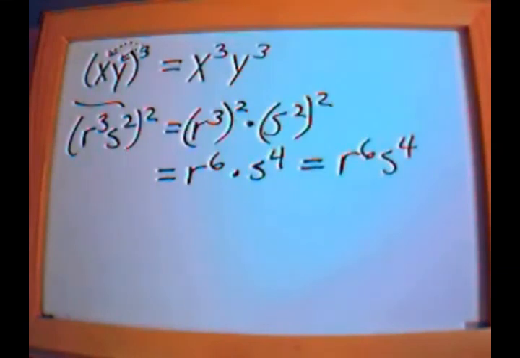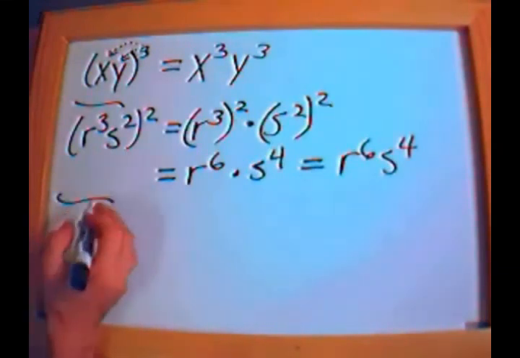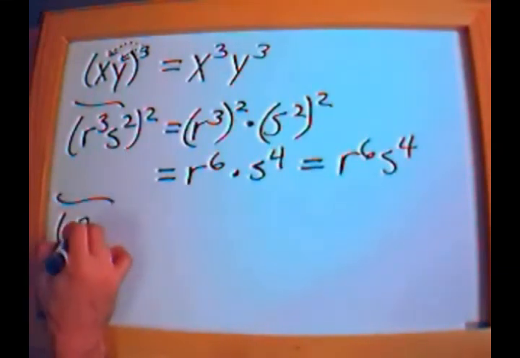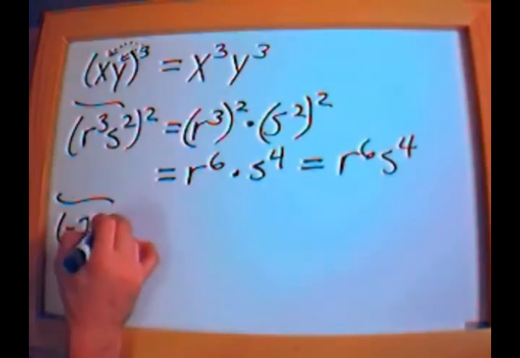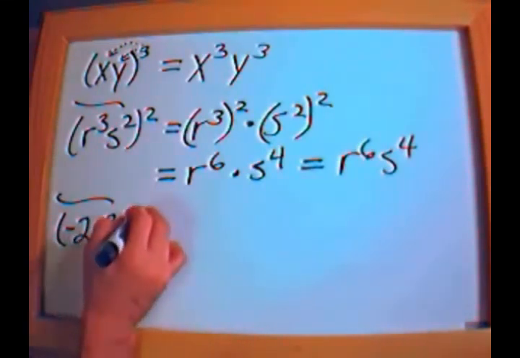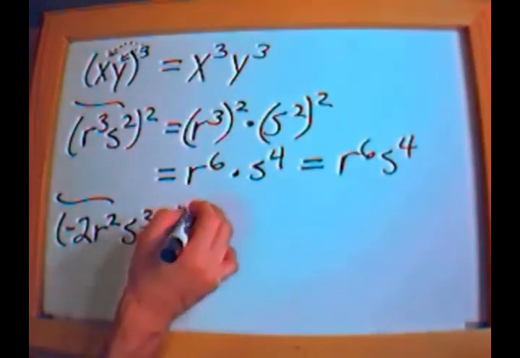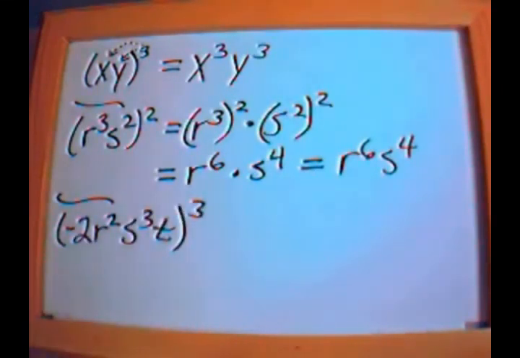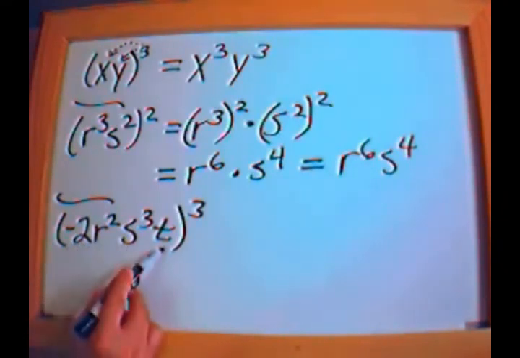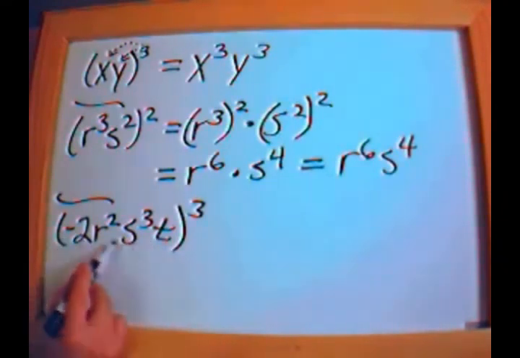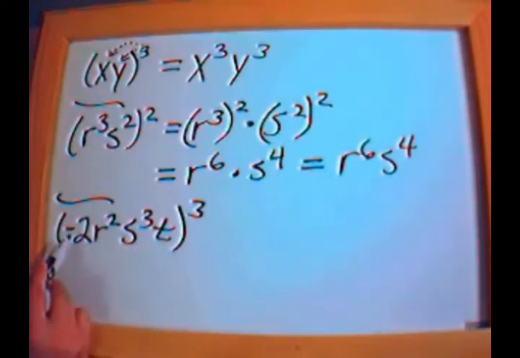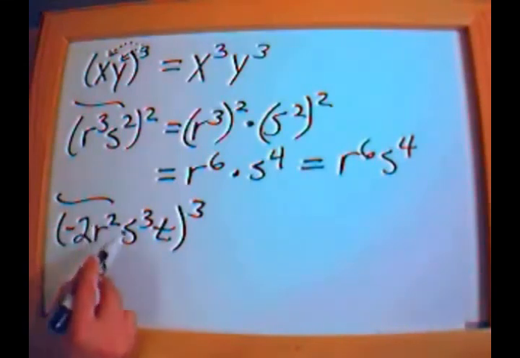Okay? Now what if I have something like negative 2 r squared s to the third t all raised to the third power? Again, everything in here is multiplied together. I can't simplify the inside at all, because they're all different variables. I've got a 2, an r, an s, and a t.